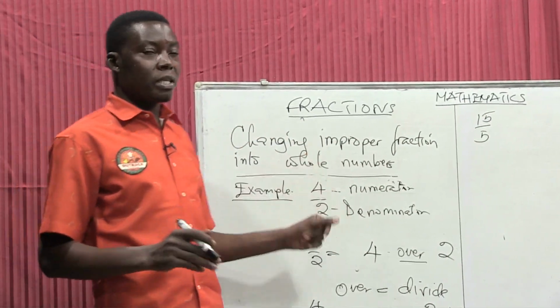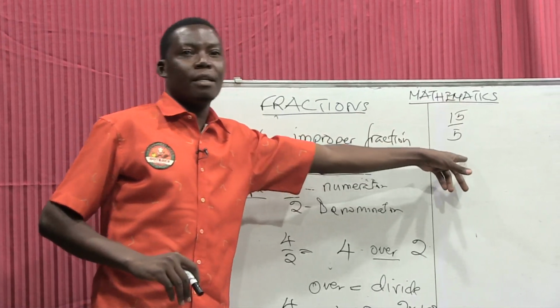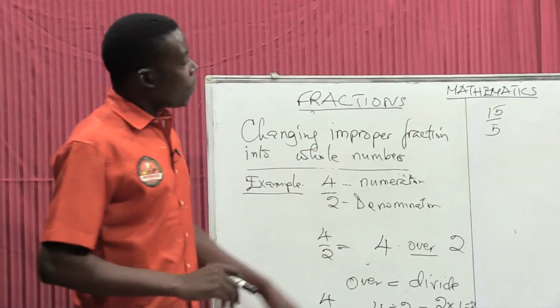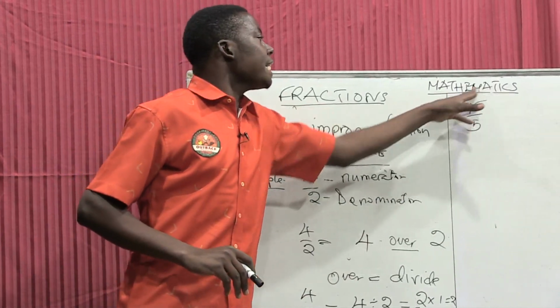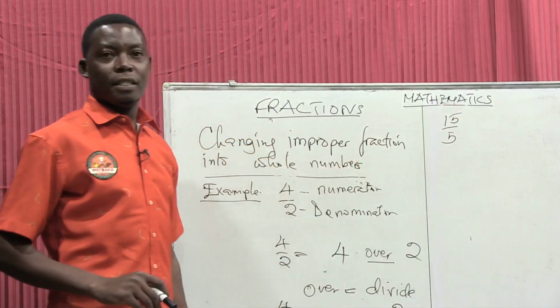It is not possible to take 15 from 5. So what you are supposed to do is to change this improper fraction into a whole number.